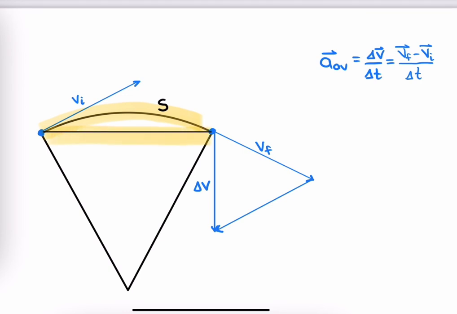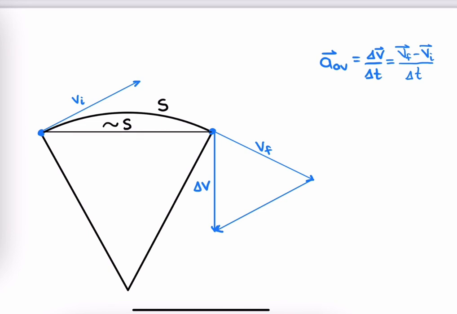Now, those are not going to be exactly the same length, but they'll be close. So I'm going to say that this straight line is approximately S. It's not exactly S, but it's approximately S. And we'll talk more about why that's an okay approximation later.